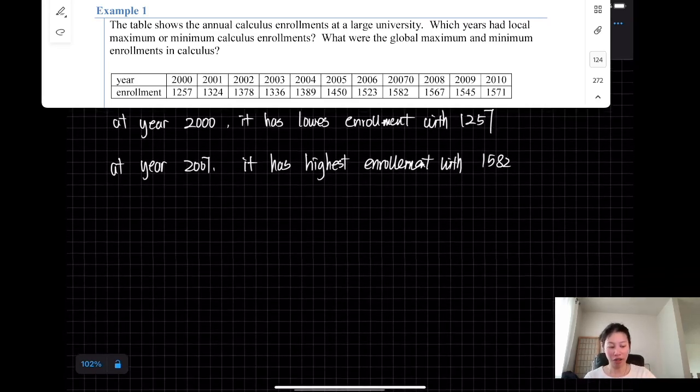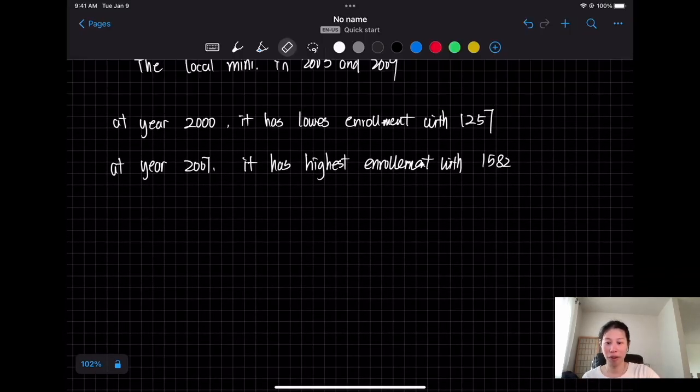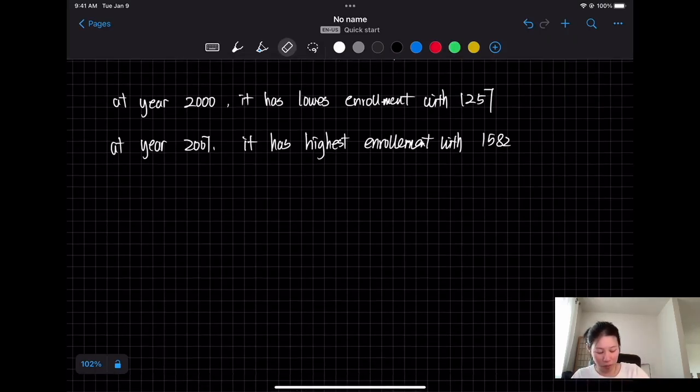So now another definition is critical number.